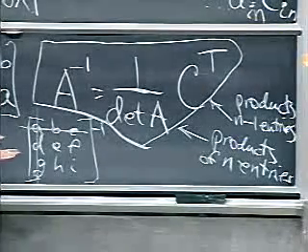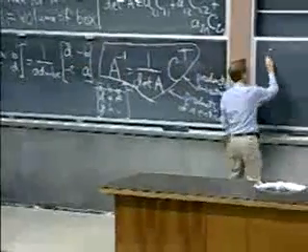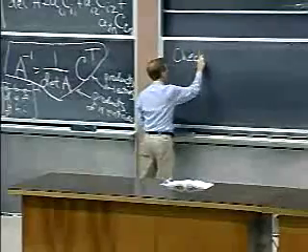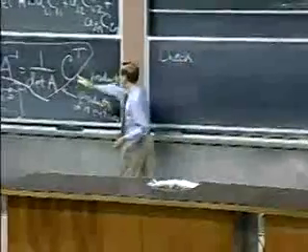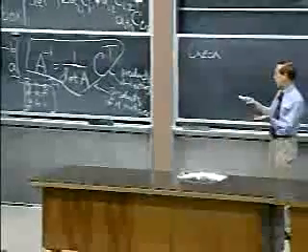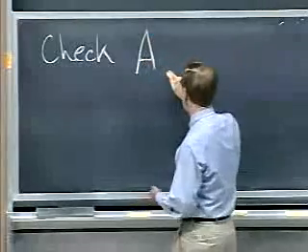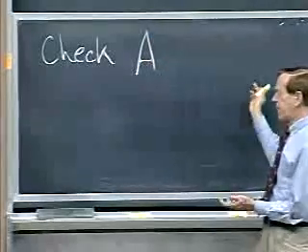Having got it up there, how can we check? What do I want to check? I want to check that A times its inverse gives the identity. So I want to check that A times this thing, now I'm going to write in the inverse, gives the identity.